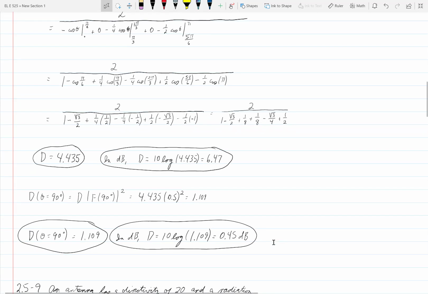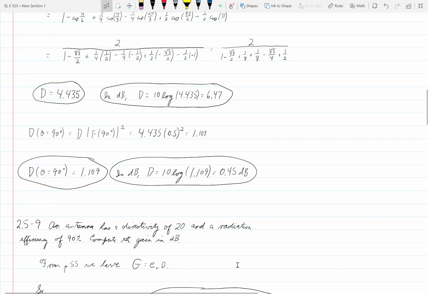And in dB, we will get 10 log of 4.435, or 6.47. So that's the desired answer for the directivity.